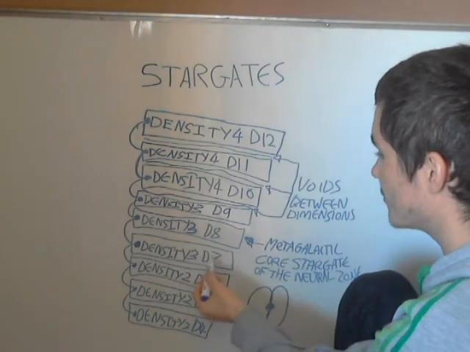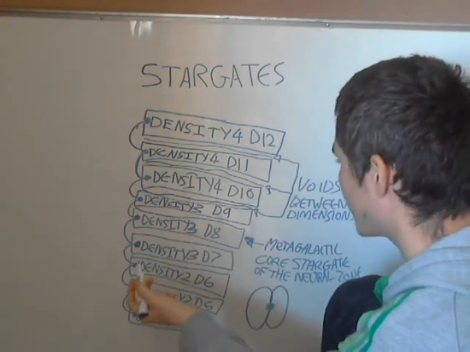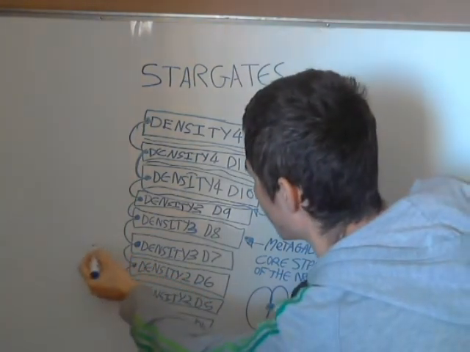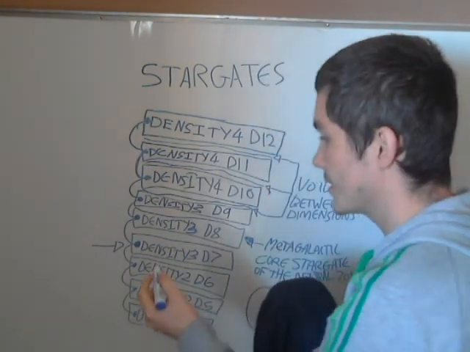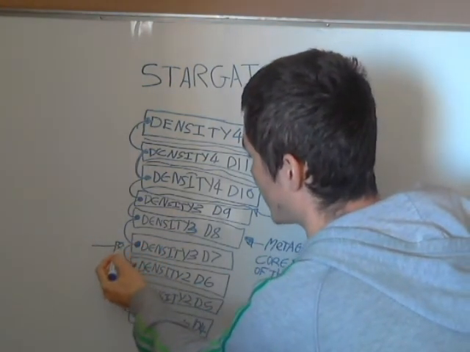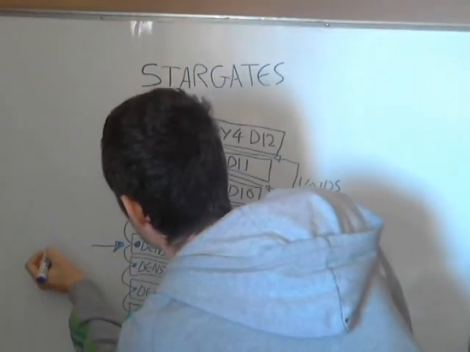Density D7 Stargate. D7 Stargate is guarded by the Arcturians.